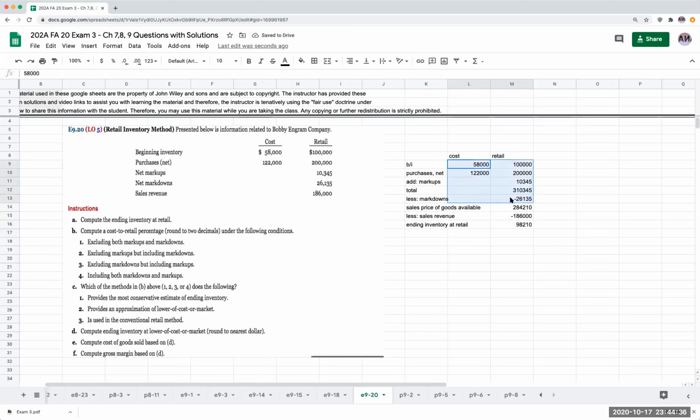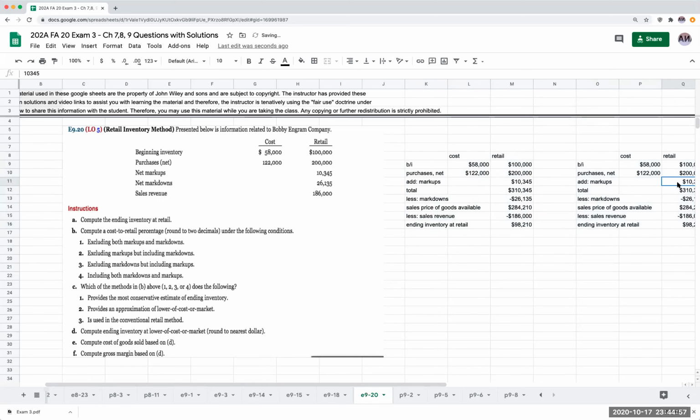Okay. So the next thing the question is asking us to do is compute a cost to retail percentage, rounded to 2 decimals, under the following conditions, excluding markups and markdowns. So what does that look like?